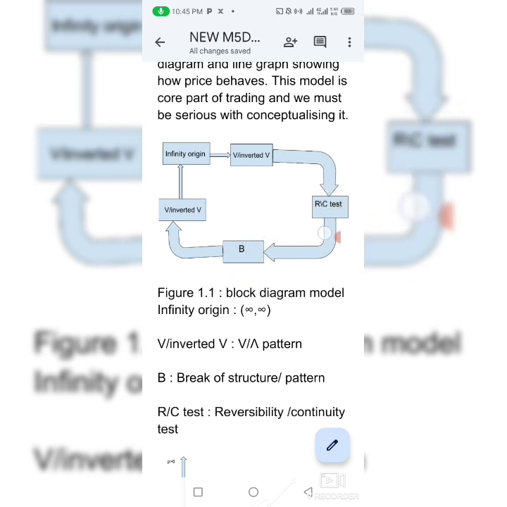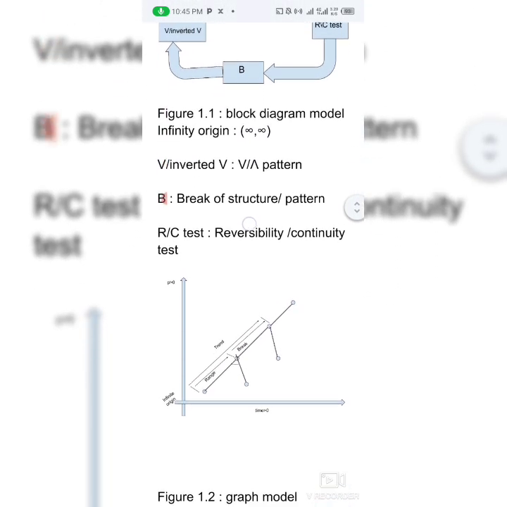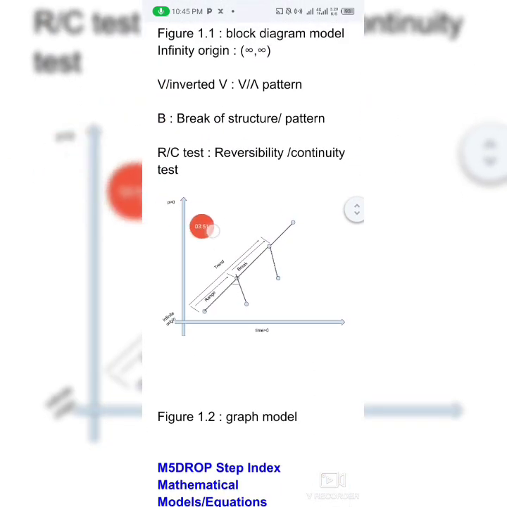But if it proves to be reversible, it goes back to the V or inverted V pattern. Then it continues. It moves in a circle, and anything that moves in a circle is going to be repeating history. Okay, so this is the graphical model.